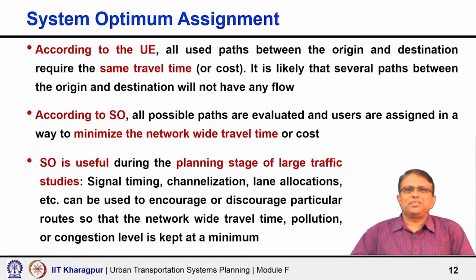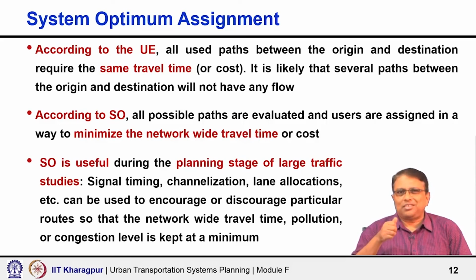We do not expect system equilibrium to happen in practice under this kind of setup, where everybody is free to choose the route. It can happen only if we are taking, say, fully automated travel. You do not select the route, you just sit inside a vehicle, press the switch, select your destination and say start, and the system will decide how you travel.